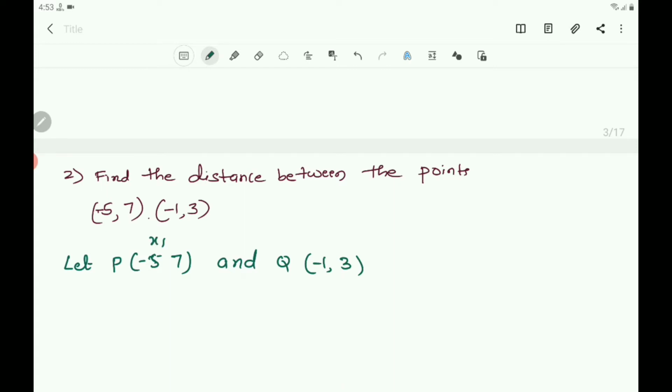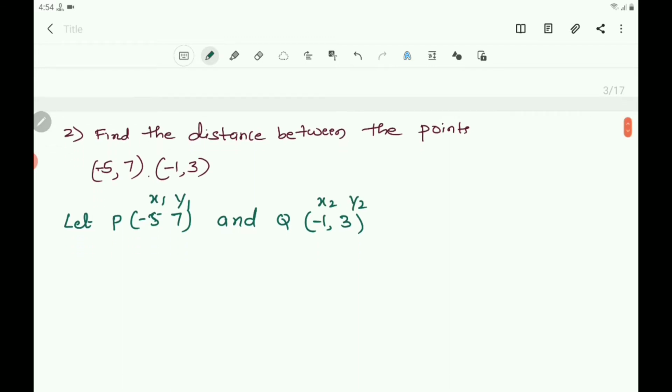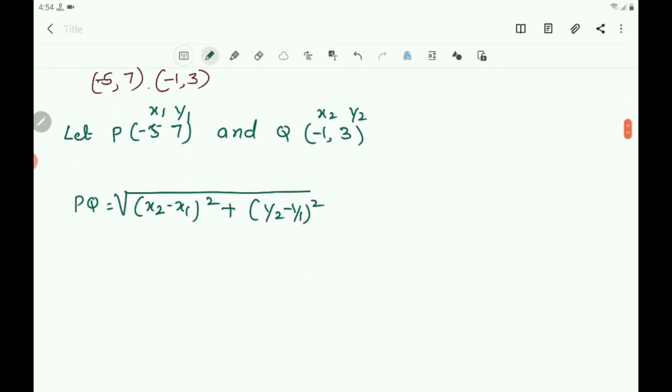Now these are the coordinates which represent x1, y1. These are x2, y2. Now you write the distance formula. PQ equals whole root of (x2 minus x1) whole square plus (y2 minus y1) whole square.